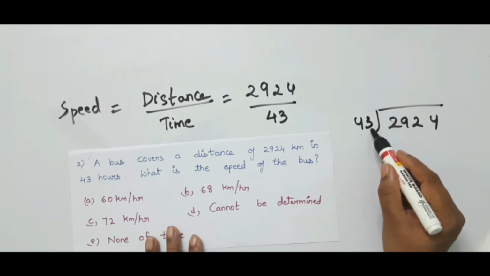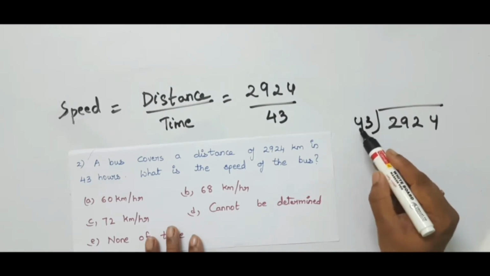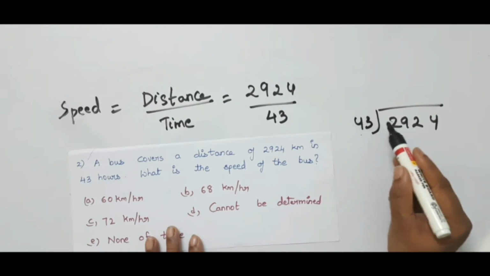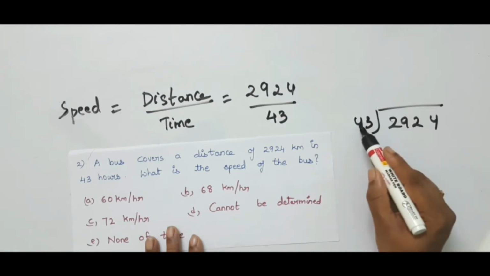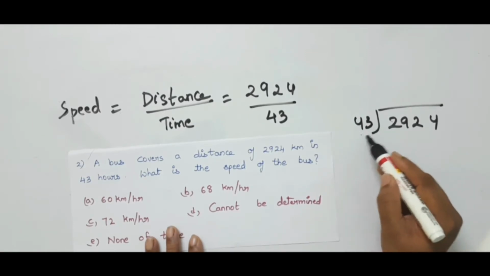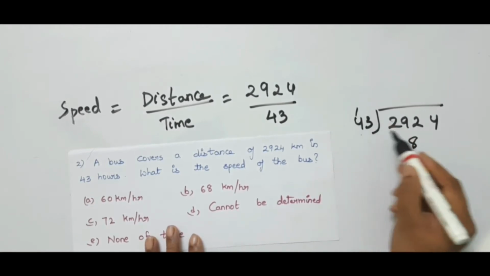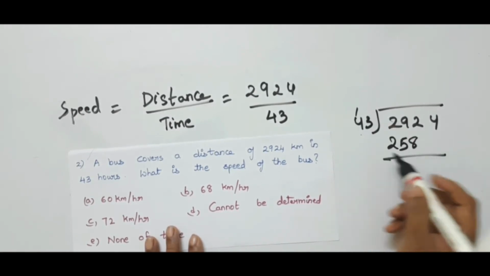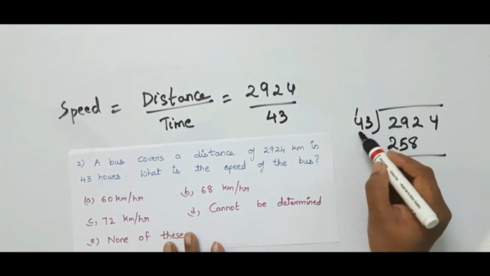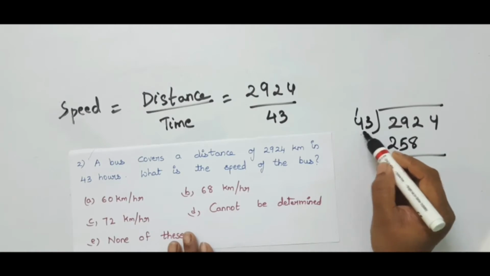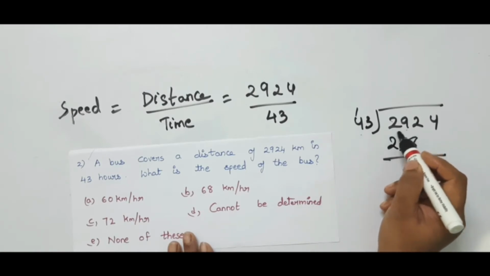Here the 3 is there, so if you multiply into 7, you will get 21 plus 2, and 28 plus 2 is 30, which will be more than 29. So just multiply with 6: 3 6s are 18, 1, and here 24, so 25. Understood? I just took the 4 table into consideration and checked where I will get a value which is less than 29.